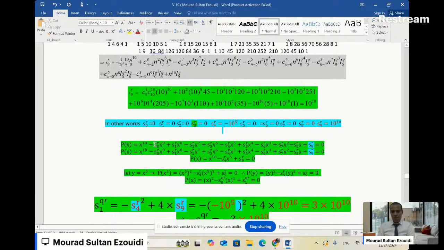Therefore, you can see all these coefficients except S4 and S9 are different to 0.